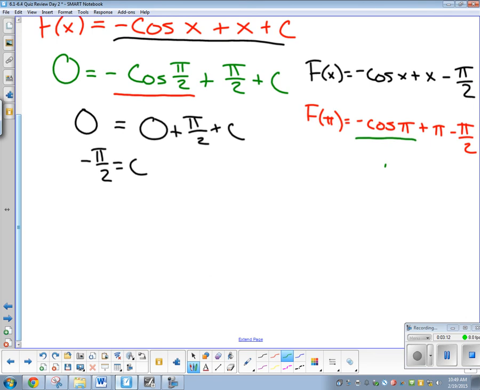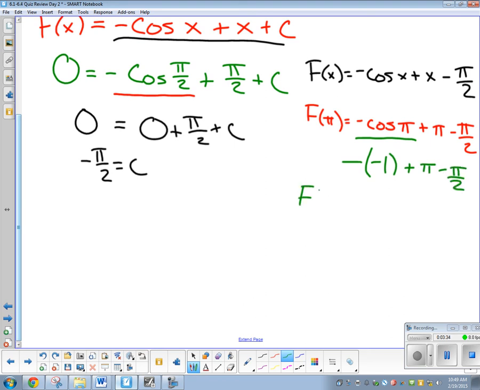Cosine at pi. Again, think of your unit circle. Where does pi occur? On the left side, it's right here. You're looking for the x value over there. What's the x value when you go to the left? Negative 1. So this is negative negative 1 plus pi minus pi over 2.